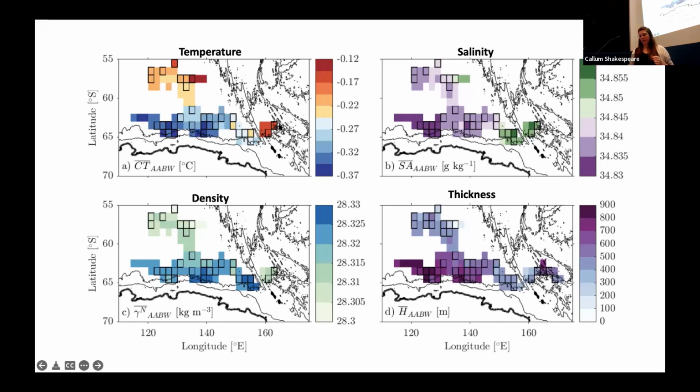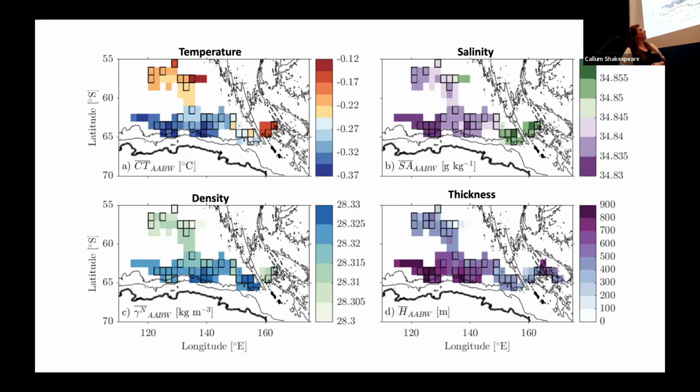You get this warmer, saltier bottom water near the Ross Sea that's progressively getting fresher and cooler as you go to the west here. And then for the density, you see the densest bits right near the sources, so over in that southeastern corner of the basin and near 140, near the Adelie Sill. But in general, it's fairly uniform in density along that southern part of the basin.